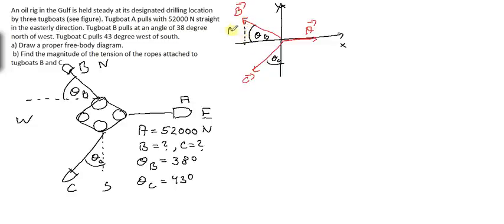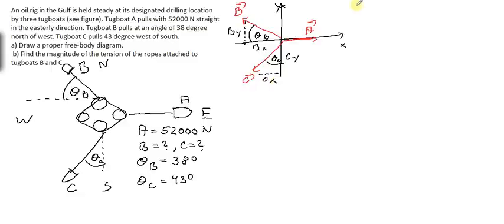This here is the y component of B, and this is the x component of B. Likewise, this is the y component of C, and this is the x component of C. So if we look at the components, we have to be very careful now which one is adjacent, which one is opposite. And then we also have to be careful about the signs of it.